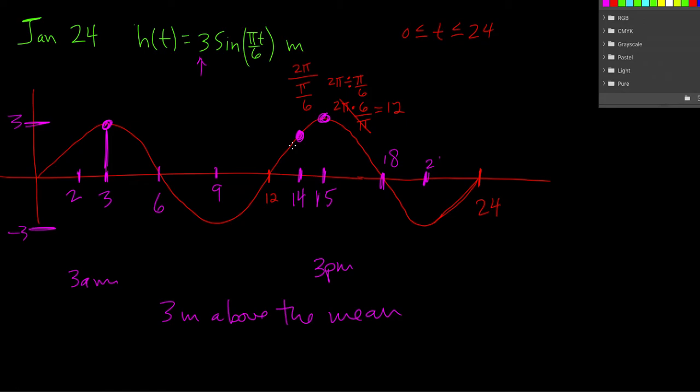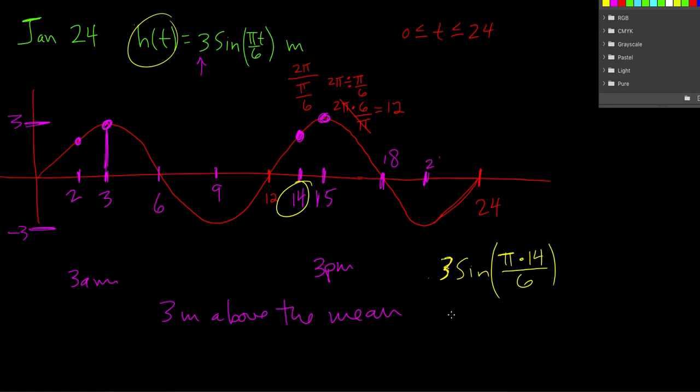So we want to know the height right there, which actually would be the same as 2 a.m. But all we really need to do is plug 14 into this function. And so we're going to get 3 sine of pi times 14 over 6.